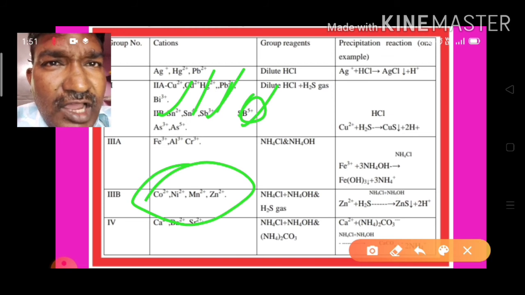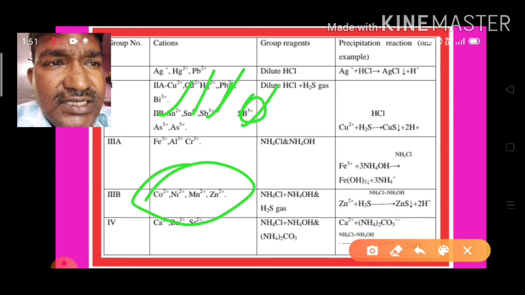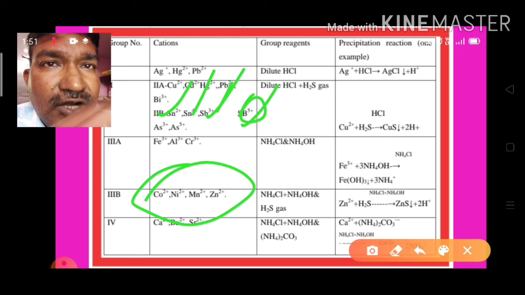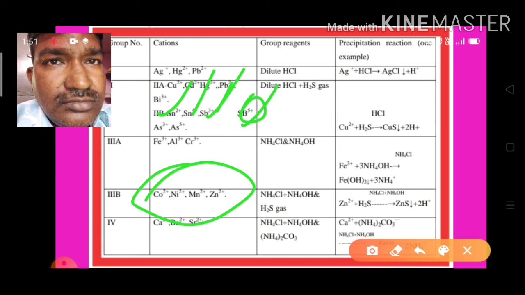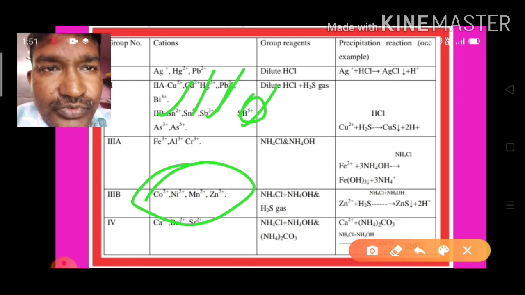Using the common ion effect, the sulfide ion concentration is decreased by using ammonium hydroxide in the fourth group, and in the second group the sulfide ion concentration is decreased by using HCl. So we make use of the common ion effect in both these groups.